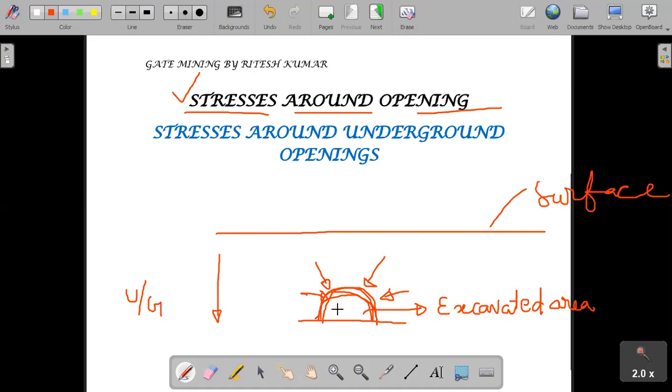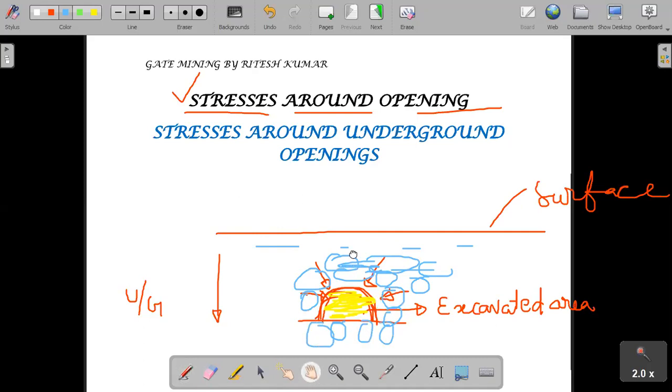On this excavated area there will be a void. We have excavated this area. Due to the rocks present, there will be a stress on this opening from all the directions.